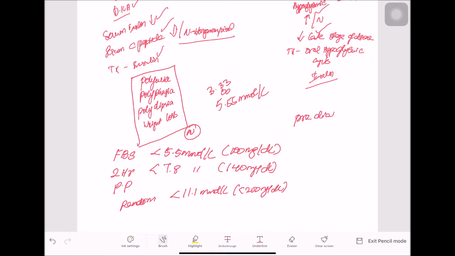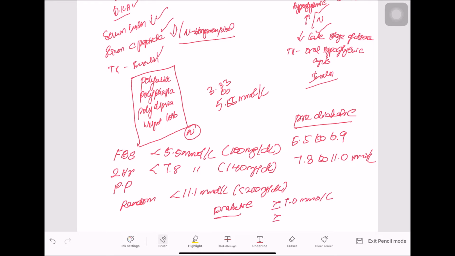When we see pre-diabetic, the fasting blood glucose level will be 5.5 to 6.9 millimole per liter. 2 hours postprandial is 7.8 to 11.0 millimole per liter. When we say diabetic, fasting is more than or equal to 7.0 millimole per liter, and 2 hours postprandial is more than or equal to 11.0 millimole per liter.